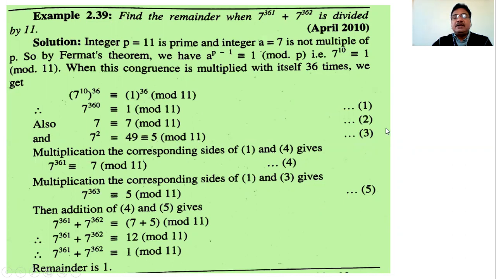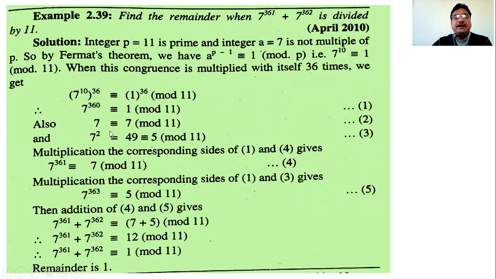And then multiplying the corresponding sides of 1 and 2, we get 7 raised to 360 into 7 raised to 1, which is 7 raised to 361, congruent to 1 into 7 modulo 11.